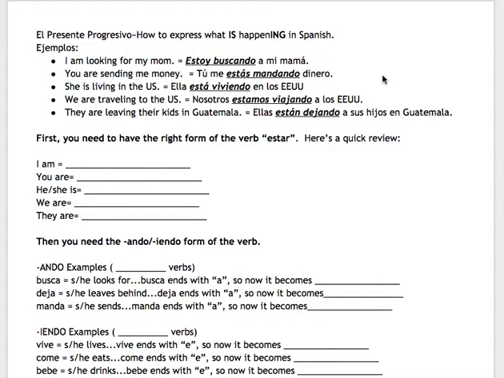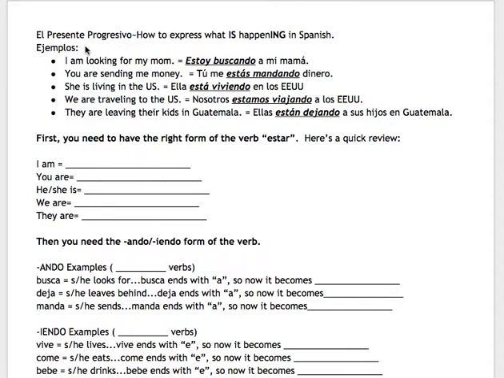A few things to notice with these is that the second verb, buscando, mandando, viviendo, viajando, and dejando, all end with NDO, and that is equivalent to ING in English. And then before that word, we have estoy, estás, está, estamos, and están.